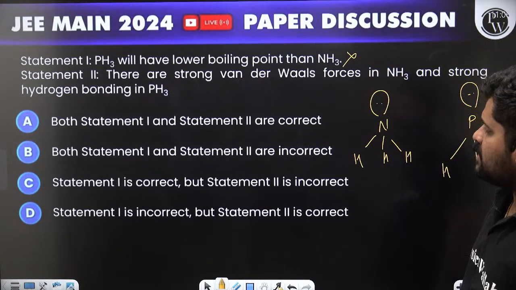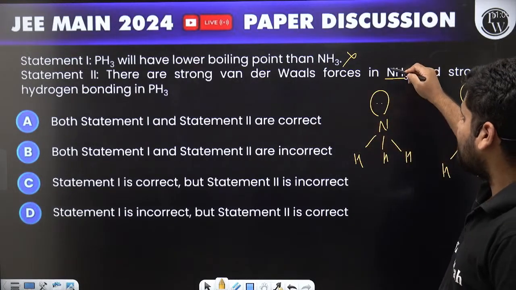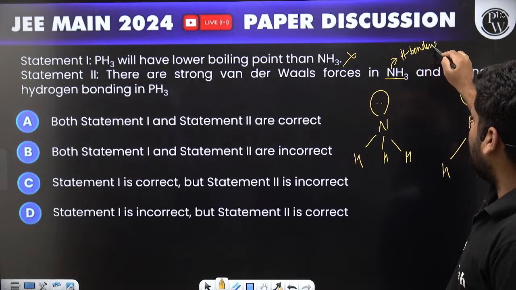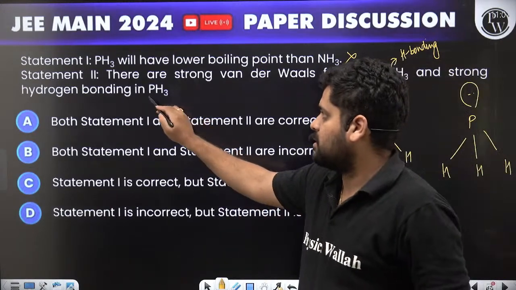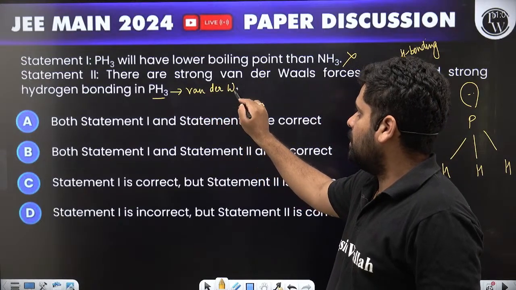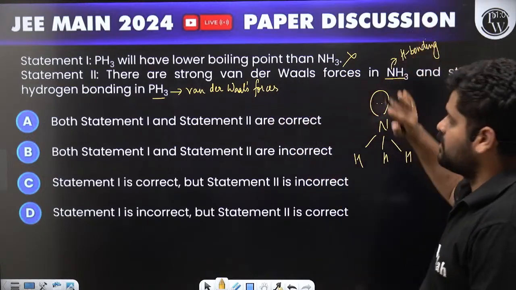Now, there are strong van der Waals forces in NH3. No. In the case of NH3, what is present? Hydrogen bonding. And in the case of PH3, what is present? Van der Waals forces. So here it should be van der Waals forces, and here it should be hydrogen bonding.